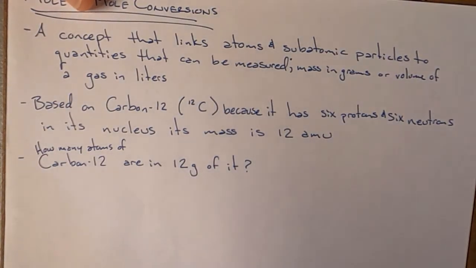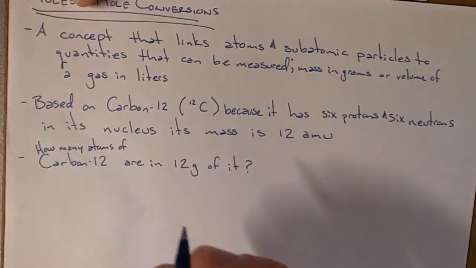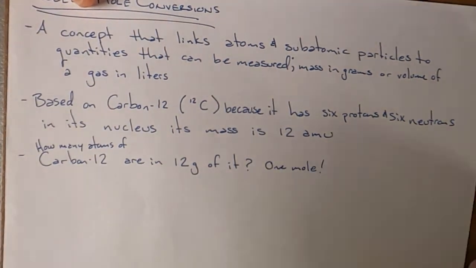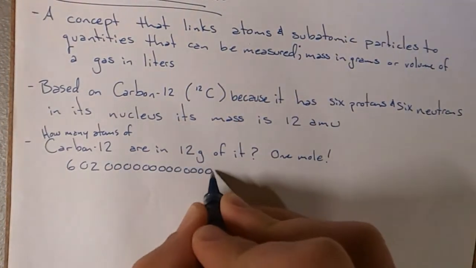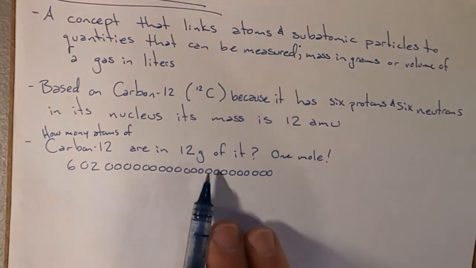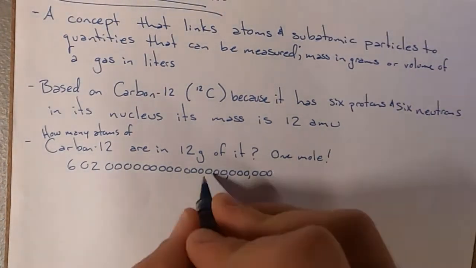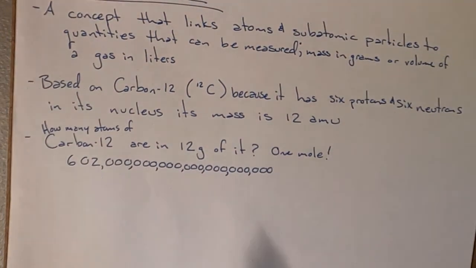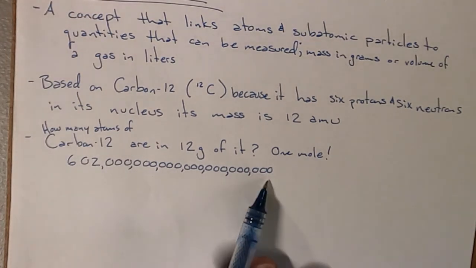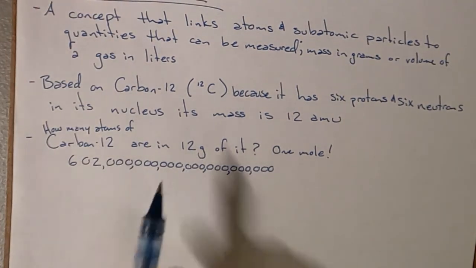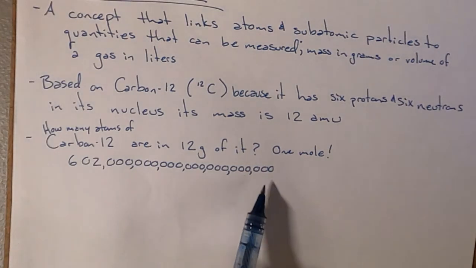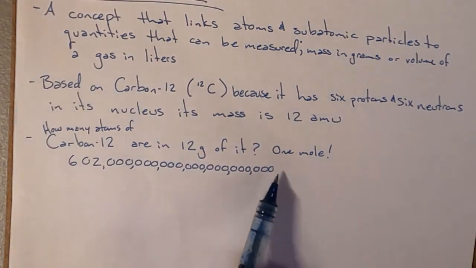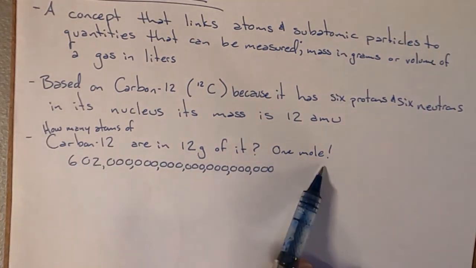And it turns out there are quite a lot. There are this many carbon atoms in 12 grams of carbon-12. And so chemists decided to call this number 1 mole.